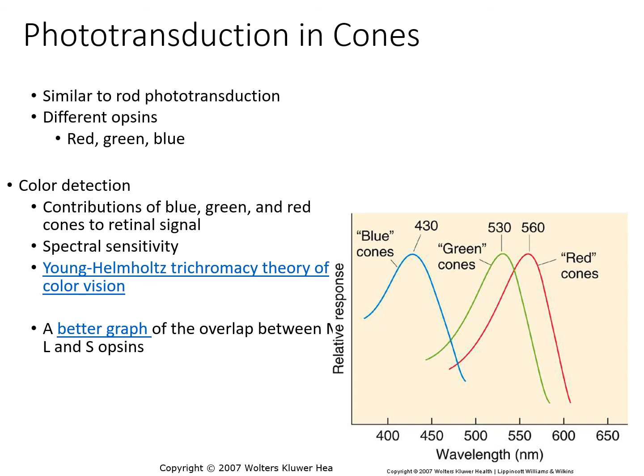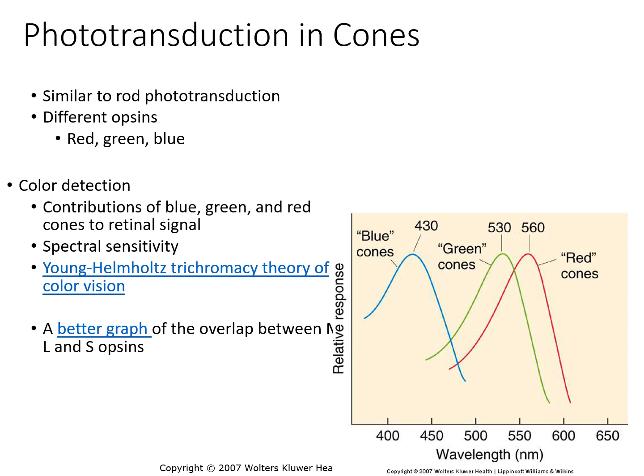So in cones, it's similar to rod phototransduction, except now we have different options. Before we had rhodopsin, which was simply light yes or no, and actually extremely sensitive. You don't need many photons of light to activate a rod, which is why you can see in the dark fairly well.